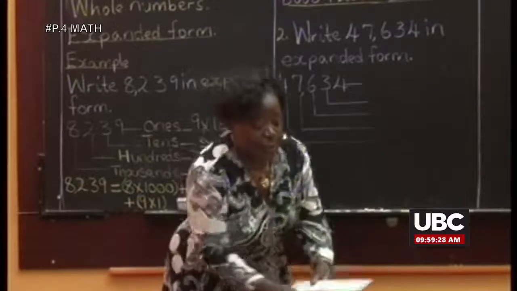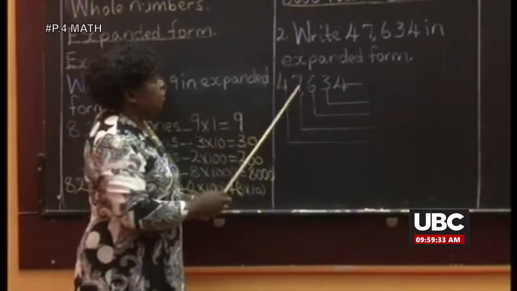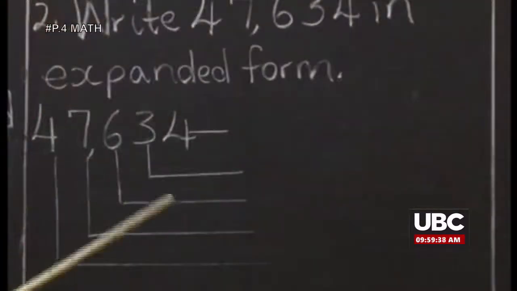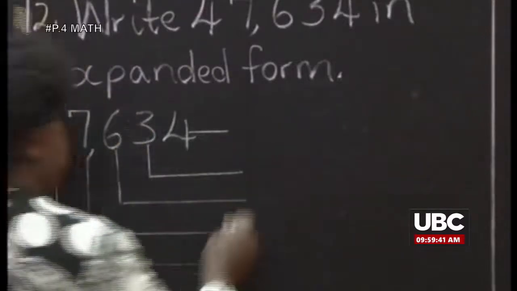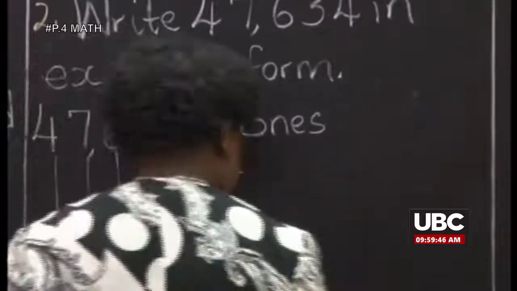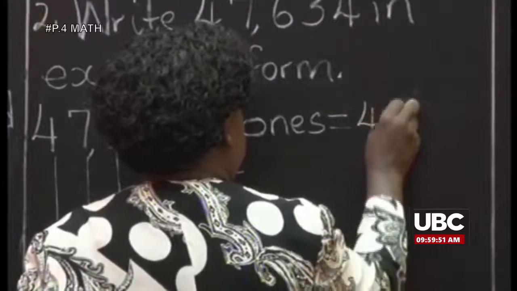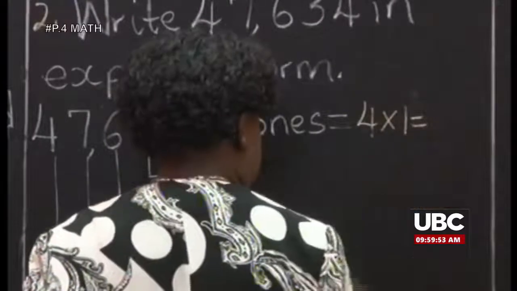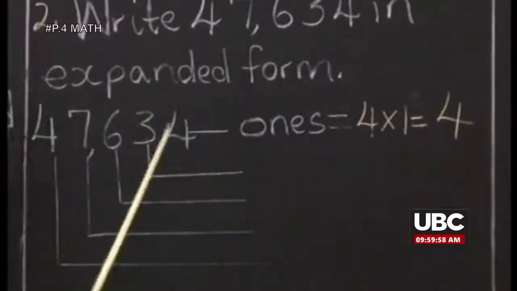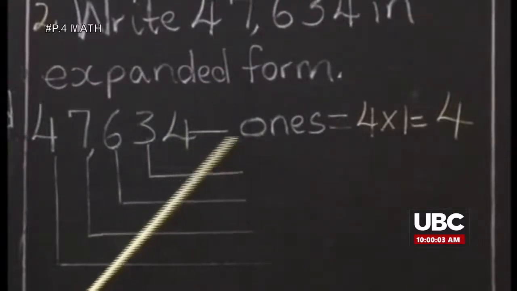I explained and I said, in order to expand these numbers, we've got to know the place values, get the values, then we can ably expand. So the place value of 4 is ones. How many ones? 4 ones.